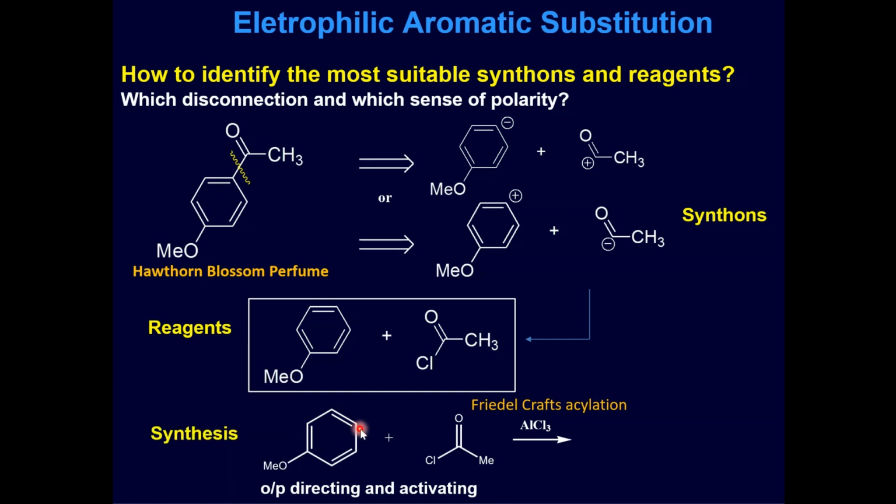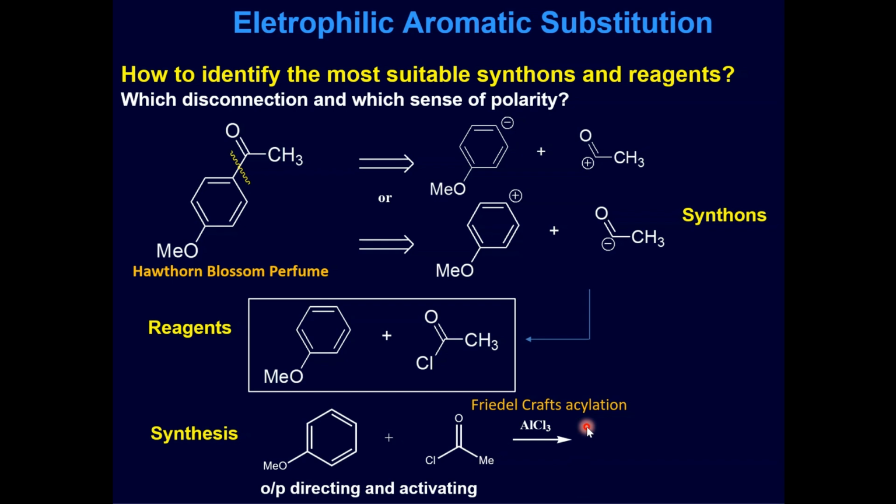Here you see, methoxy group is an electron donating group. As it donates electron, it activates the ring system. When it activates the ring system, it will be ortho-para directing. And for this reaction to occur, we need a catalyst, that is a Lewis acid like aluminum chloride or FeCl3 or zinc chloride. And this reaction is called Friedel-Crafts acylation.